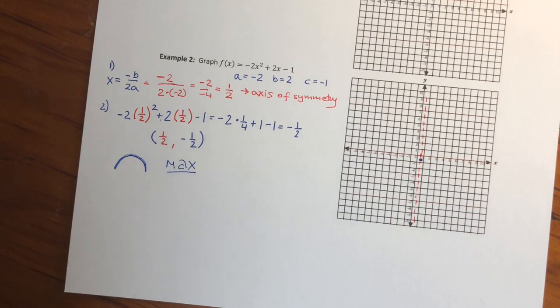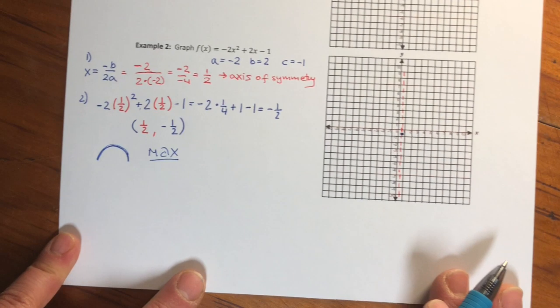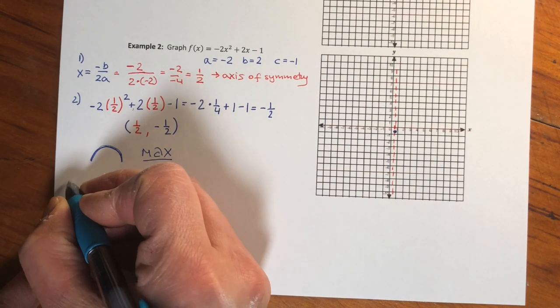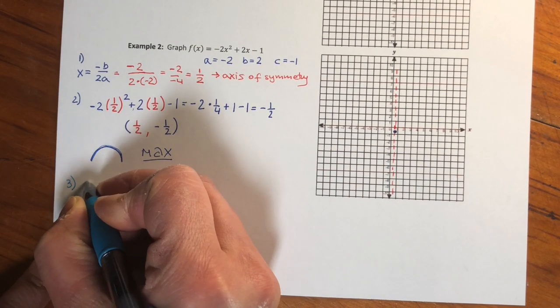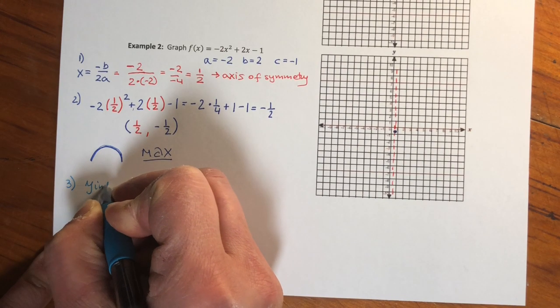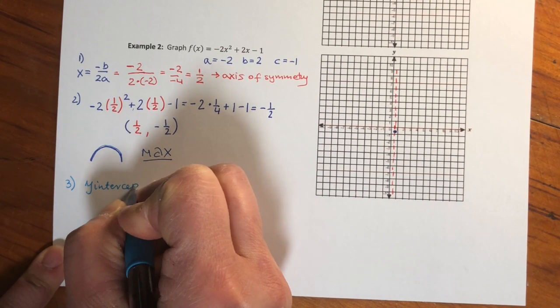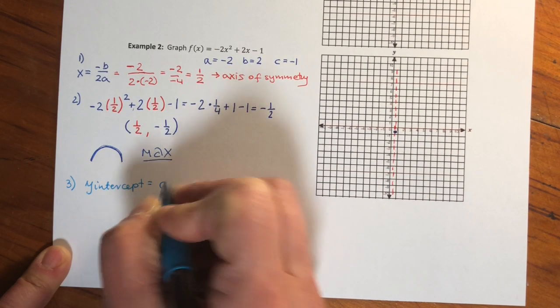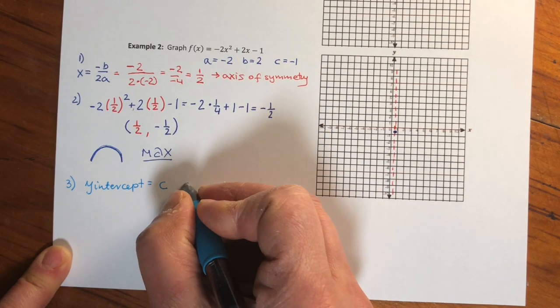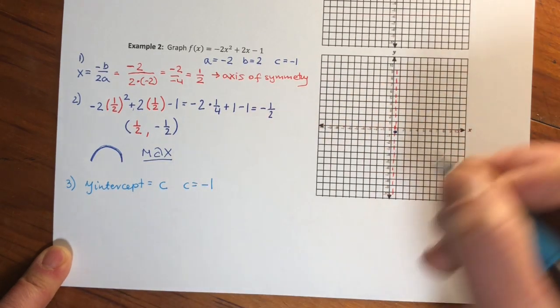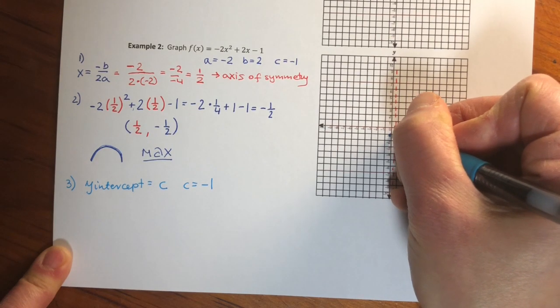All right, next step, we are going to find the y-intercept. And we know that the y-intercept equals whatever the c is, and c is equal to -1. So -1 is right in here.